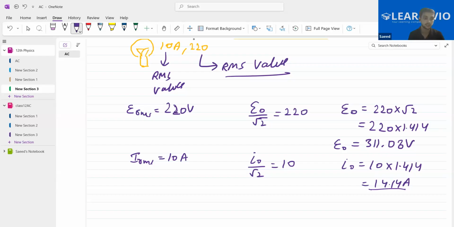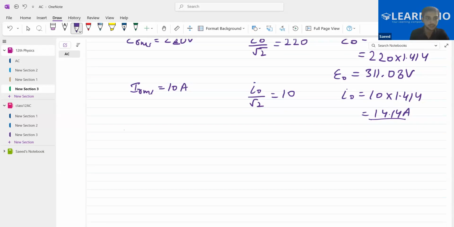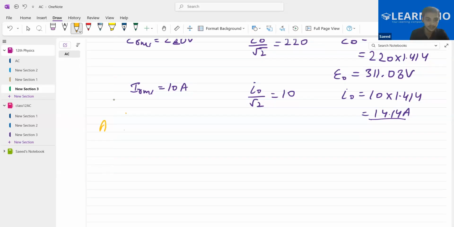So always remember that the RMS of a current is represented by this. Do you know about the multimeter, the ammeter, or the voltmeter? Ammeter and voltmeter.